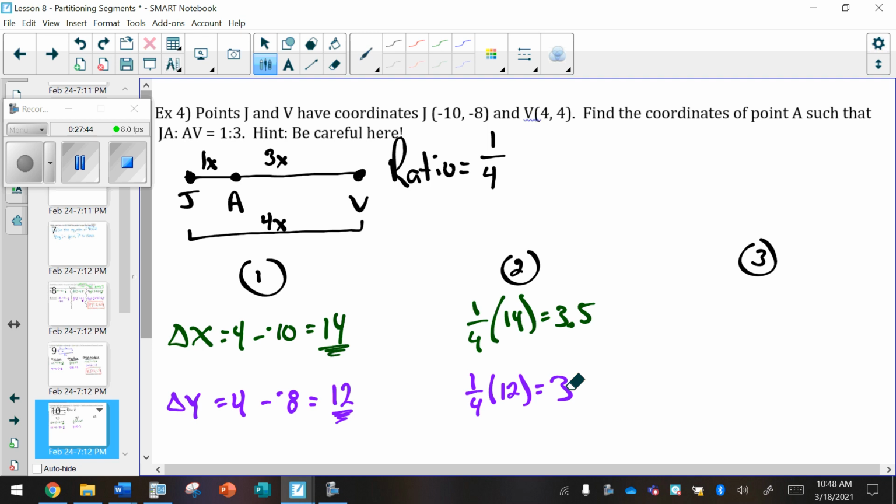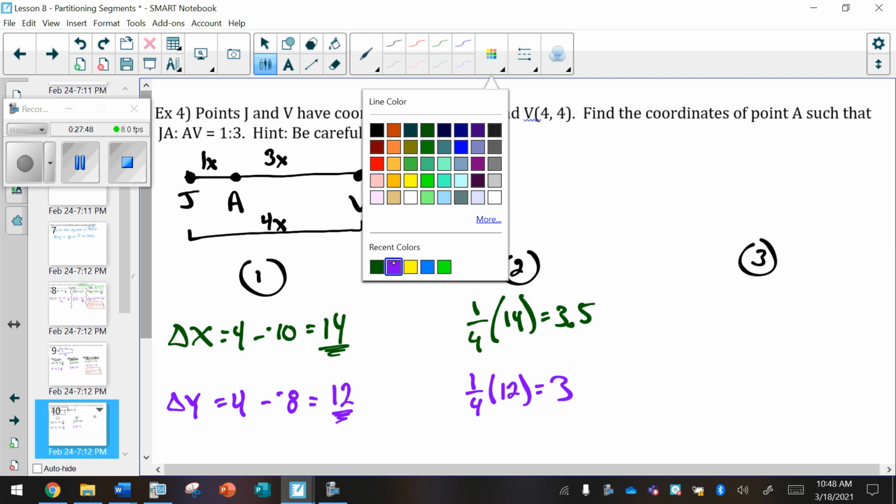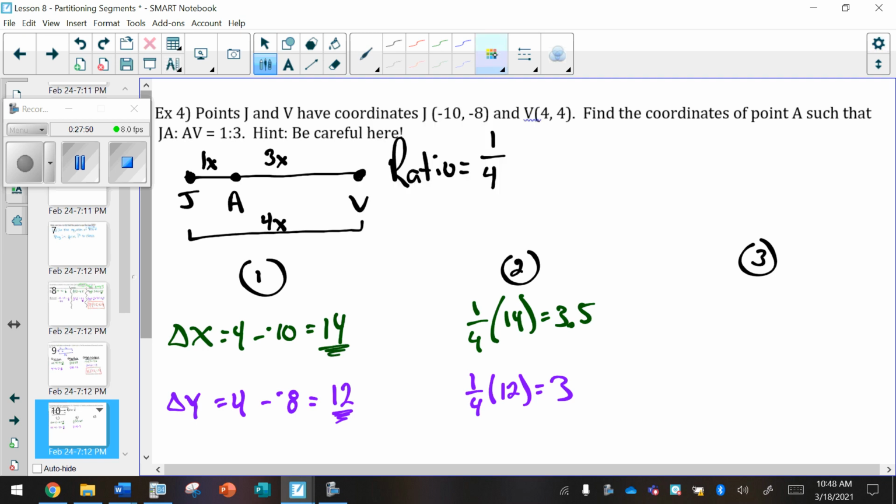But we are going from point J towards point V. So our x coordinate for point J was negative 10. We add our distance of 3.5 units to get an x coordinate of negative 6.5.